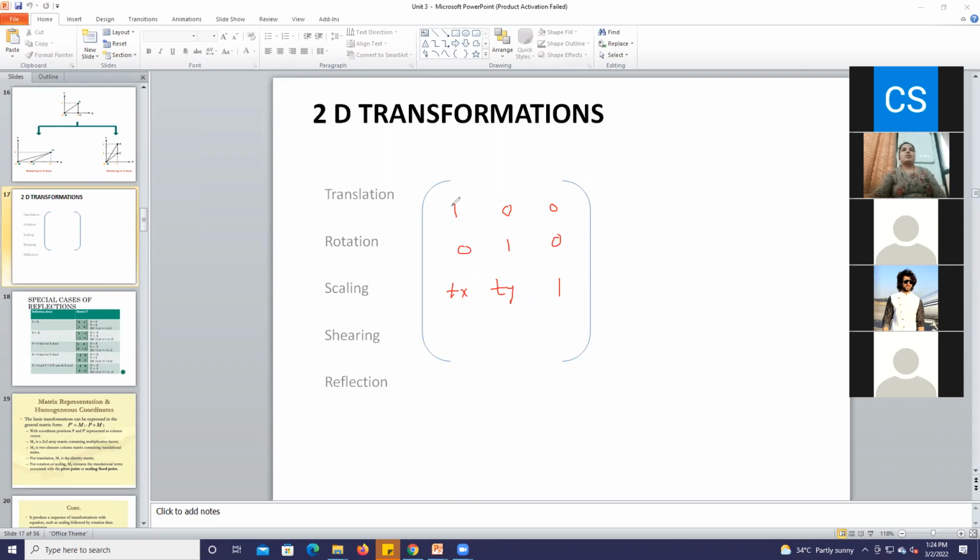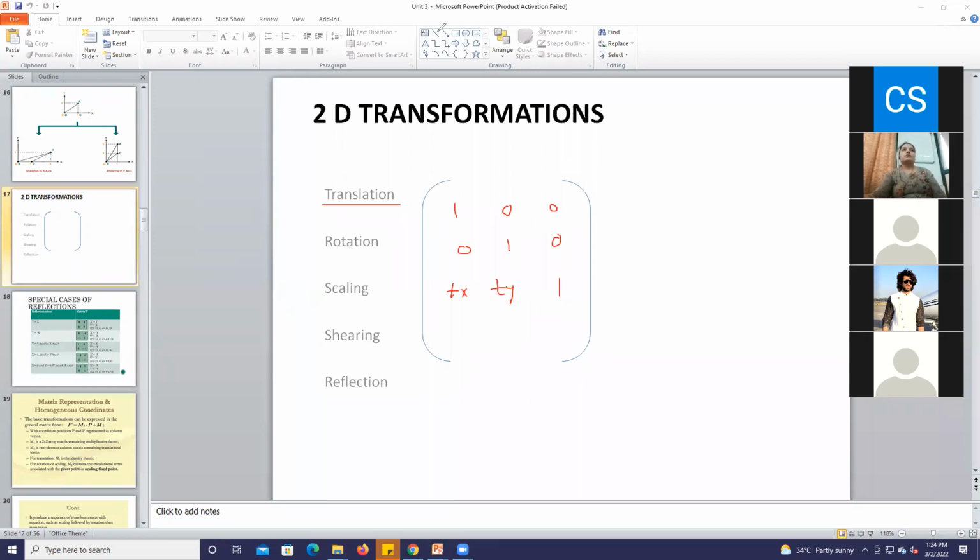So the diagonal elements are used for multiplication purpose, and these two elements are used as addition, and translation is nothing but the addition of Tx and Ty in X and Y, and that's why this is your T matrix. Then for rotation, we are having the cos theta, sin theta, right?